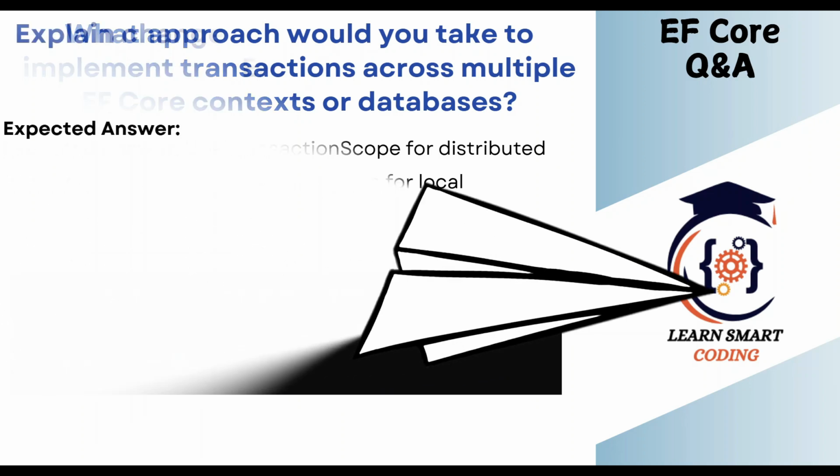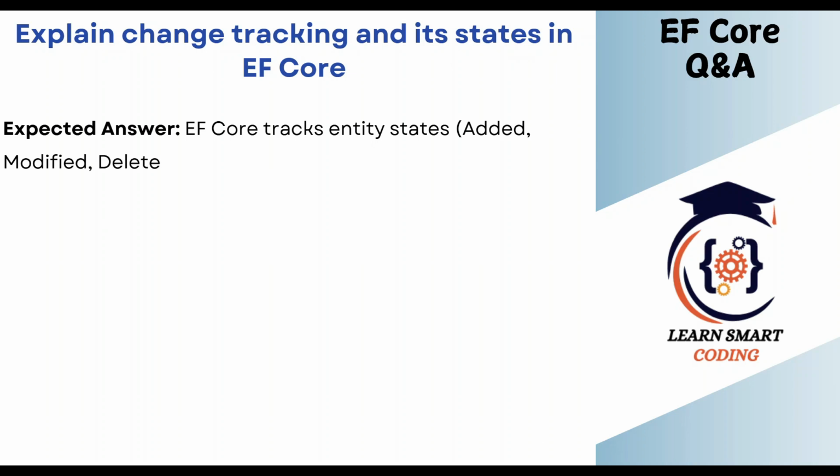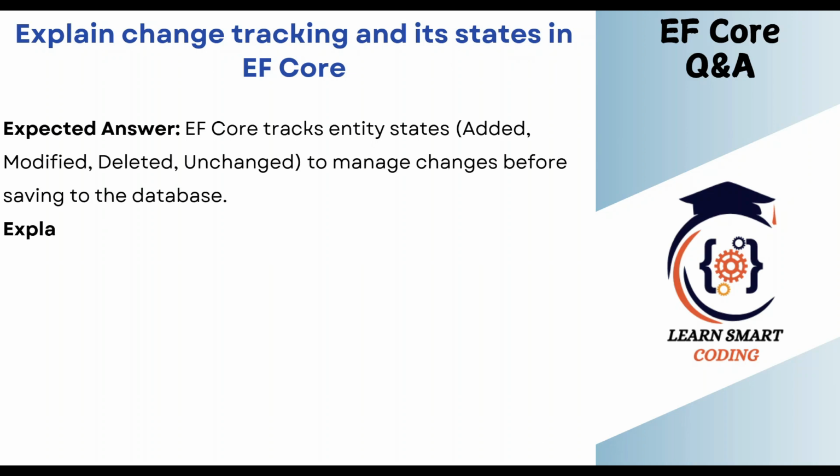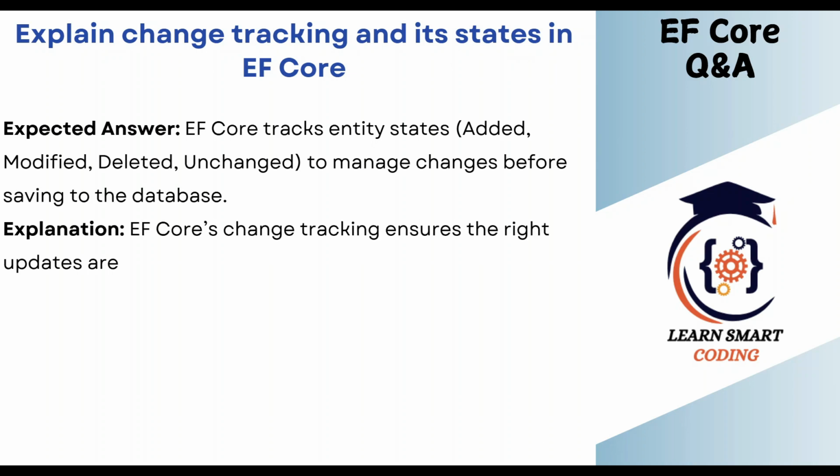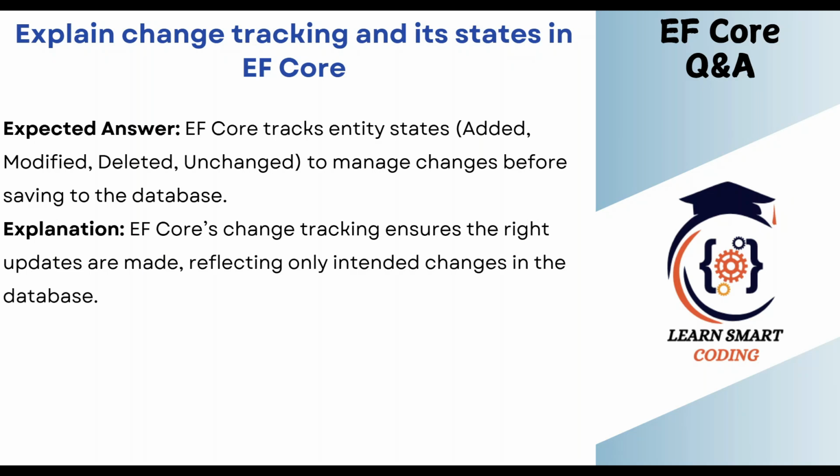So that's called a transaction. Now, can you explain change tracking and states? Very important question. Change tracking is nothing but, if you start querying a database table using EF Core, the entity is tracked. There are 4 states: added, modified, deleted, unchanged. If you queried the data and didn't touch it, the state of that data is called unchanged.